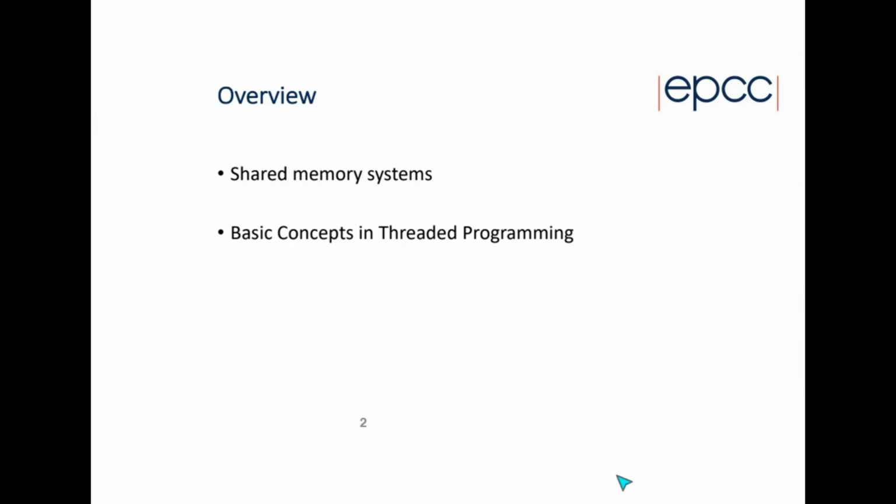I'm going to start off by talking a very little bit about hardware, just enough so that we have a mental picture of the systems that we're working with and how they operate, and then I'll cover some basic concepts in threaded programming. This is not OpenMP specific. It really applies to any programming model that relies on threads and shared variables.